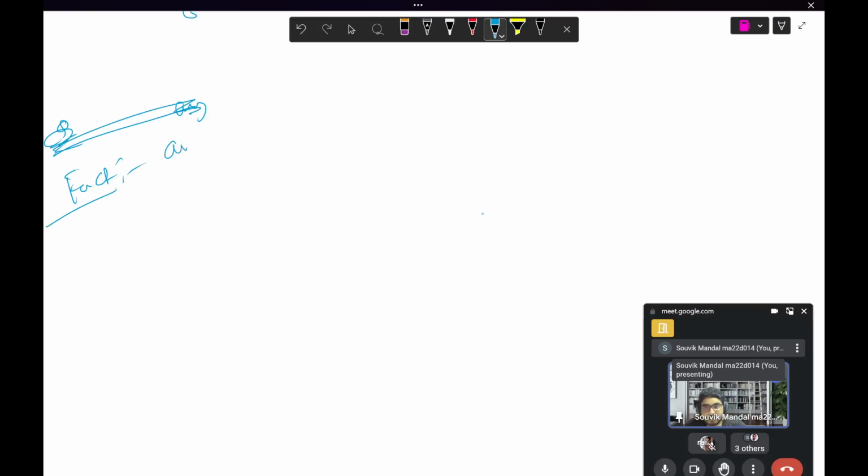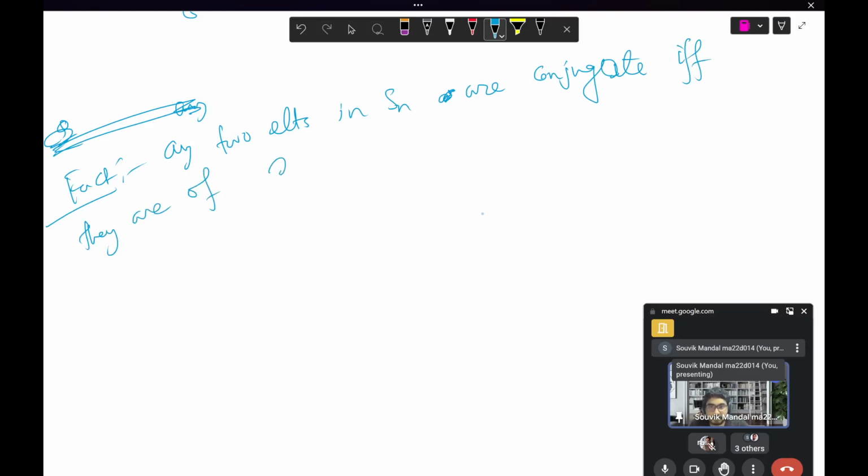The fact is: any two elements in Sn are conjugate if and only if they are of the same cycle type. So first of all, tell me, do you know what it means by conjugacy?